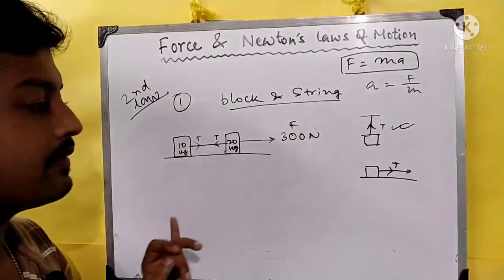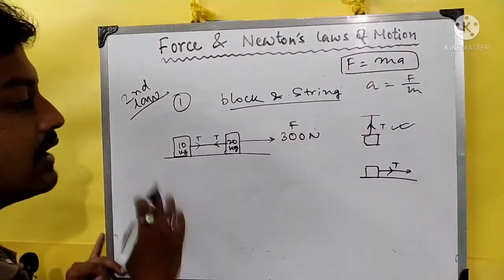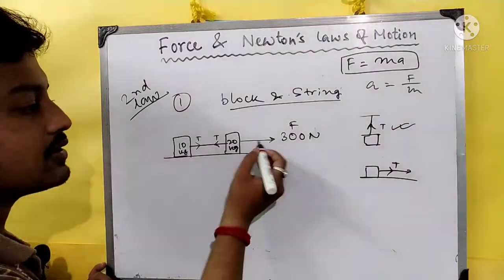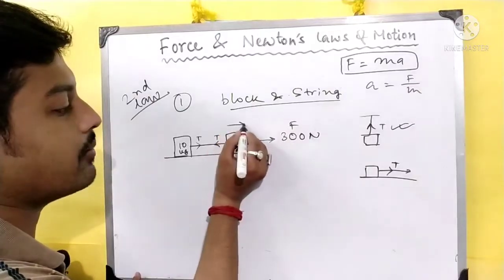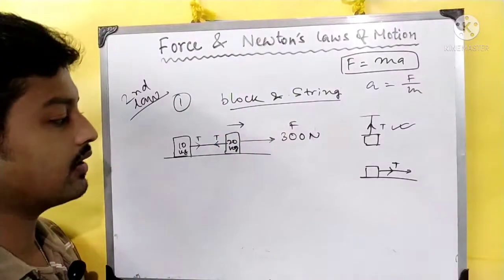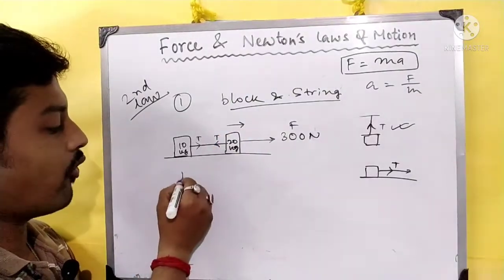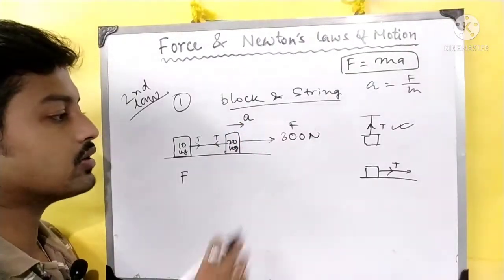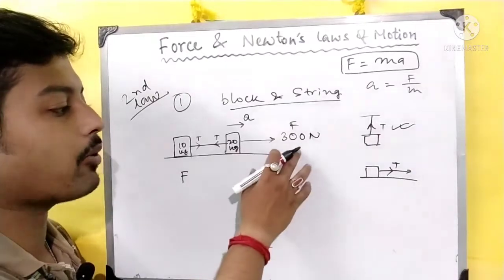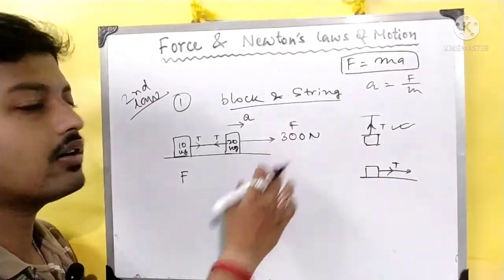Here the force is applied in this direction, so acceleration will be in this direction. Now the force is in the direction of acceleration, so we have to take this positive force, this Newton, as greater.